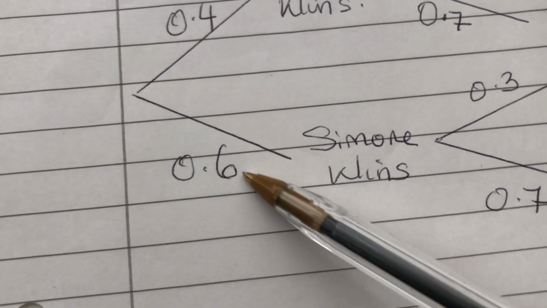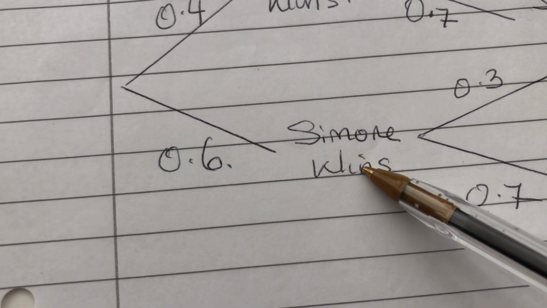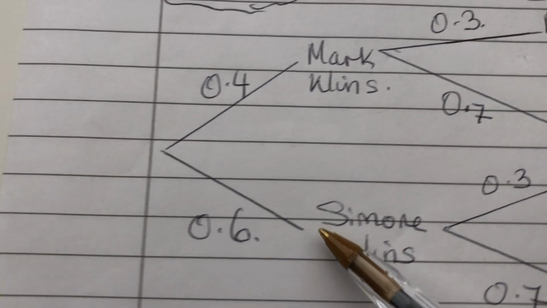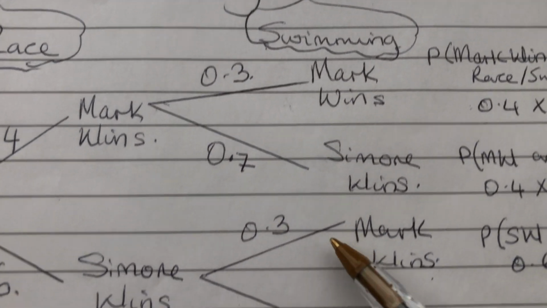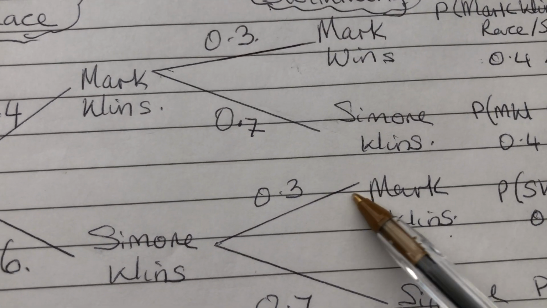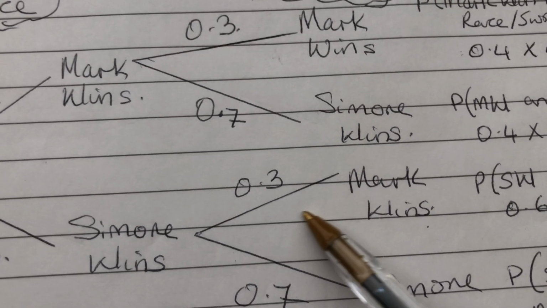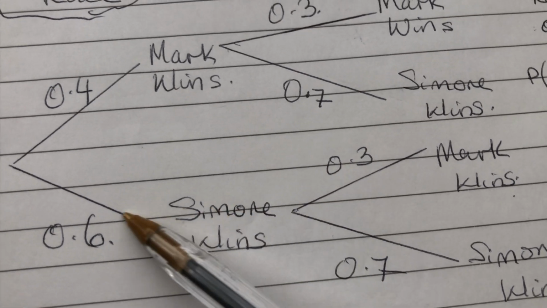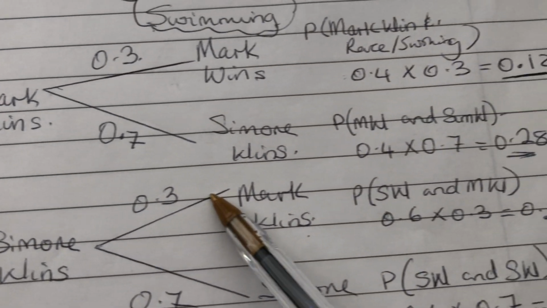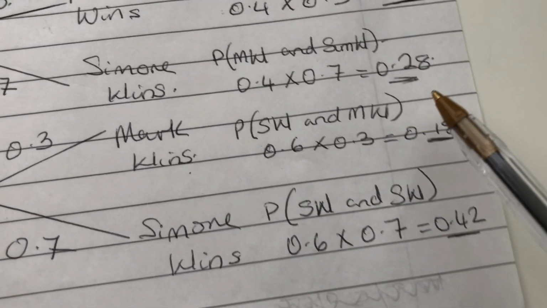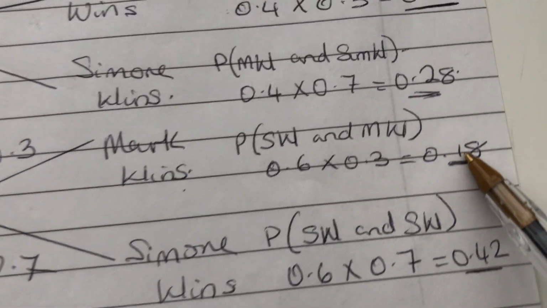For Simon to win the race, and then Mark wins swimming, which is 0.3, it is 0.6 times 0.3, which is 0.18.